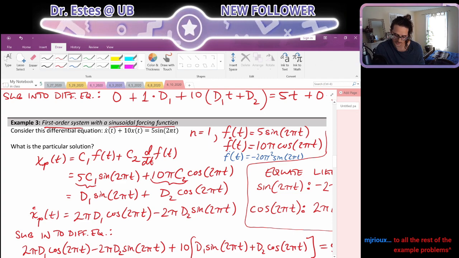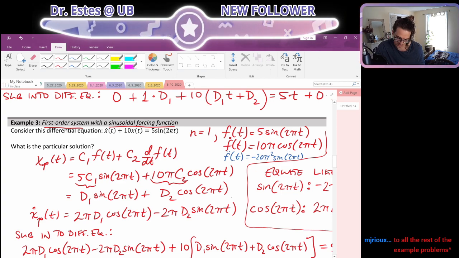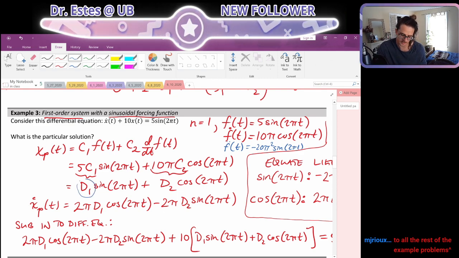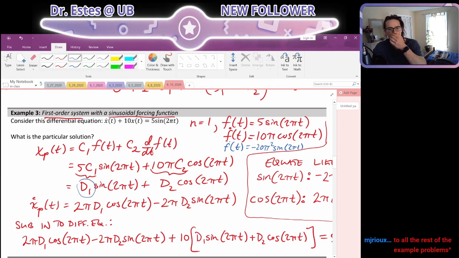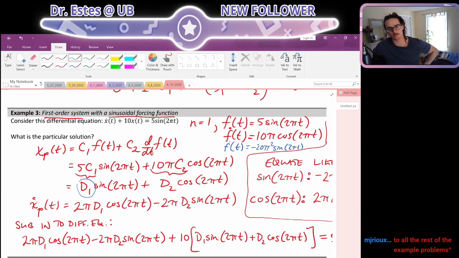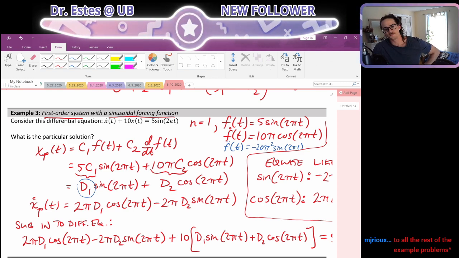And that wouldn't affect anything because I would add that in and I would just end up collapsing that extra sine term into d1. So I'd still have a coefficient times a sine plus a coefficient times a cosine.